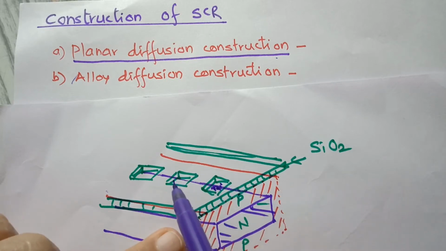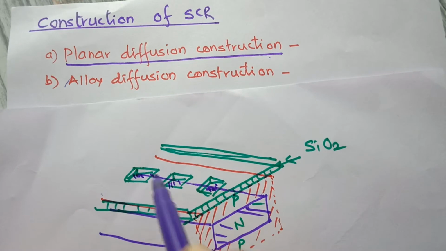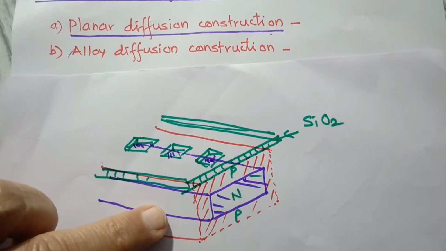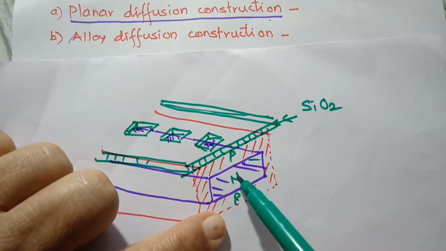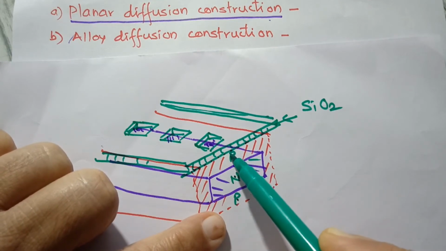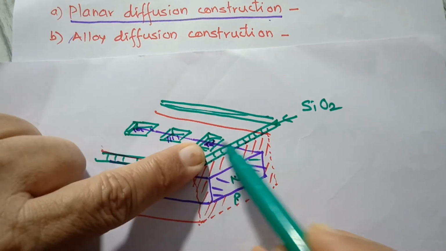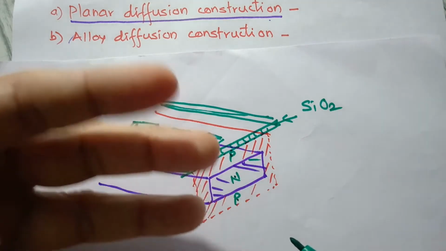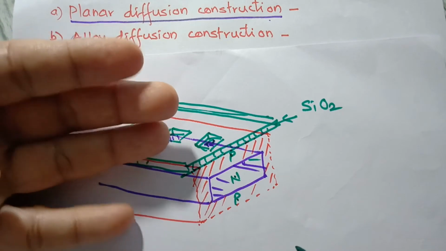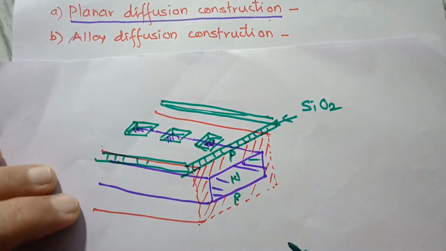So here, N-type. So look at this. What we have? P-type, N-type, P-type, and at the top level we have N-type. This is how we get the 4 layers, and you get the SCR construction.